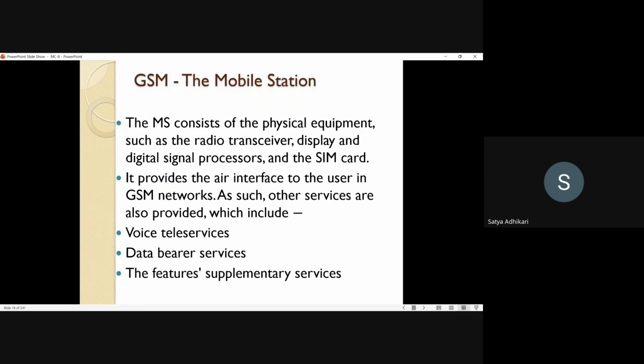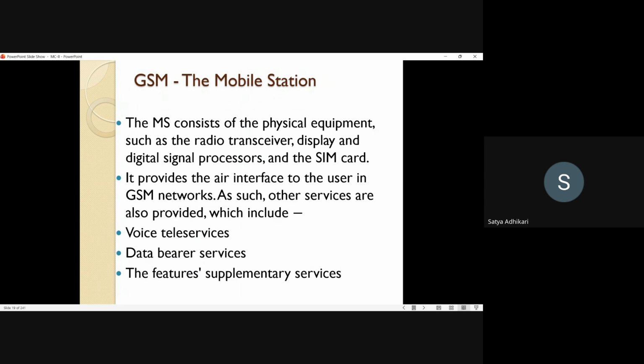First, the MS, the mobile station. The MS consists of the physical equipment such as the radio transceiver, display, digital signal processor, and the SIM card.